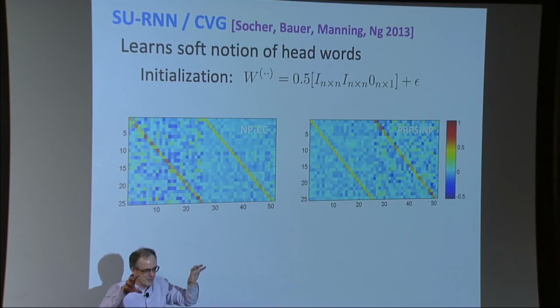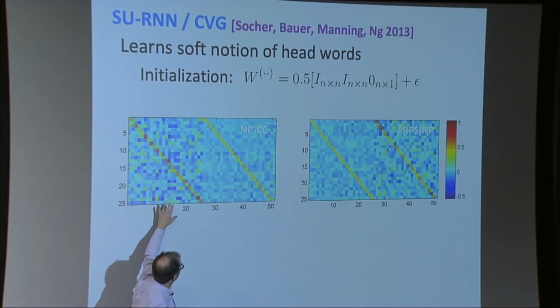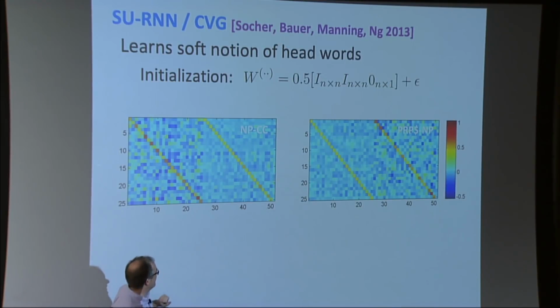So these are 2x1 rectangular matrices because there are two children. Half of it is multiplying the left child, the other half is multiplying the right child. And we initialize them as two identity matrices next to each other, which would give us the default semantics of just averaging until something different was learnt in the weight vectors.